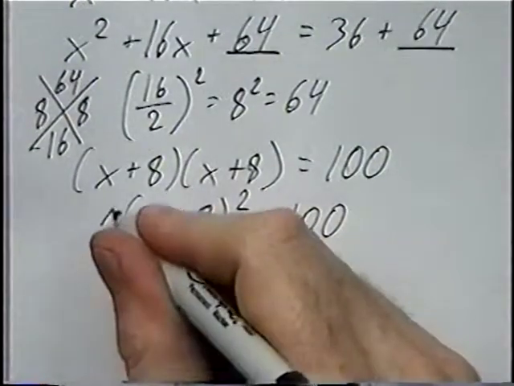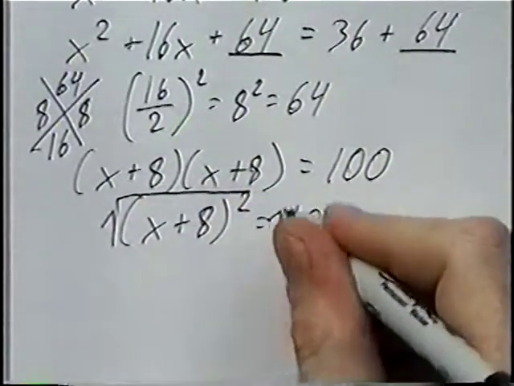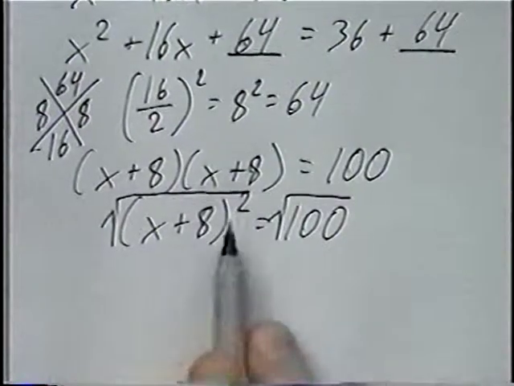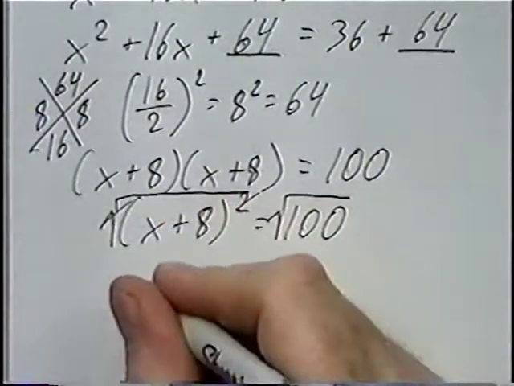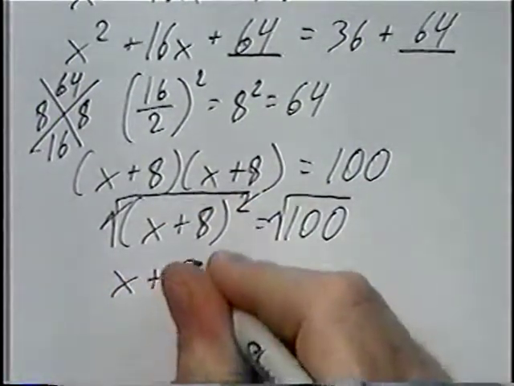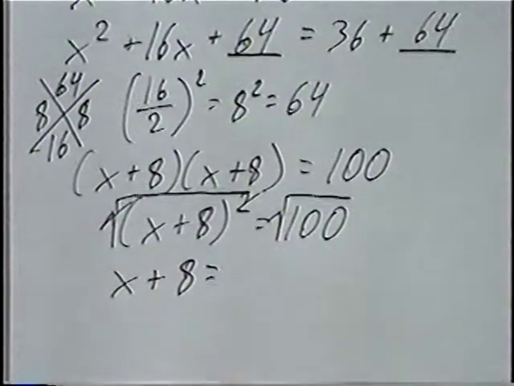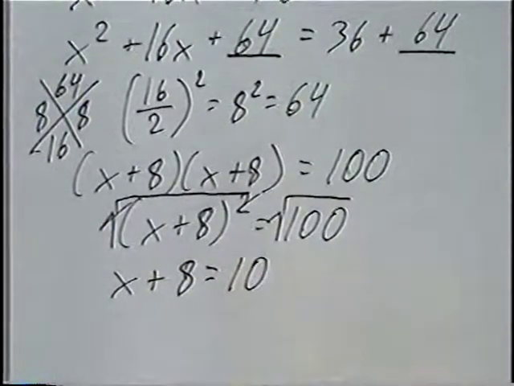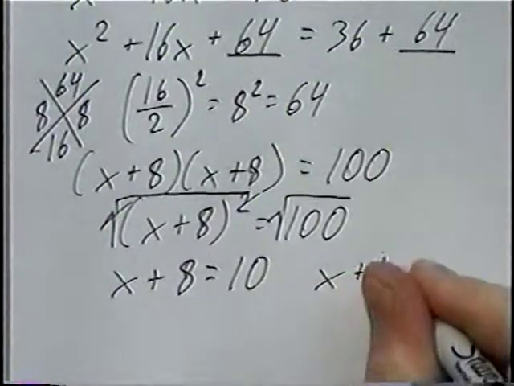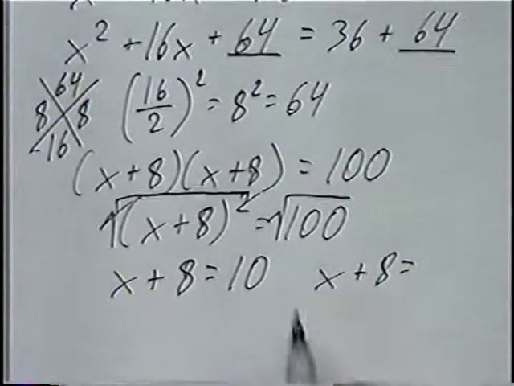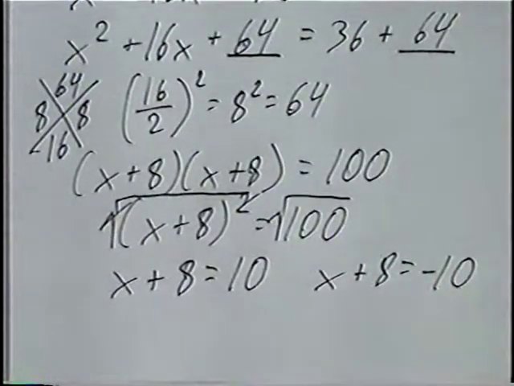Using the square root property, we can take the square root on both sides. The square root and the square cancel, so we're left with x plus 8 equals the square root of 100, which is 10, and the second equation, x plus 8 equals negative 10.